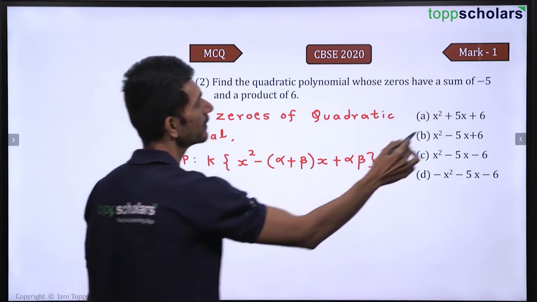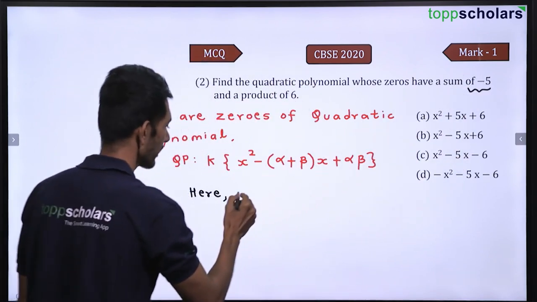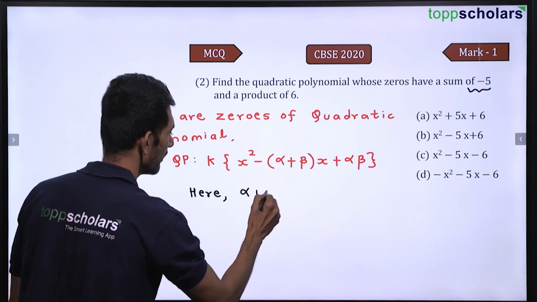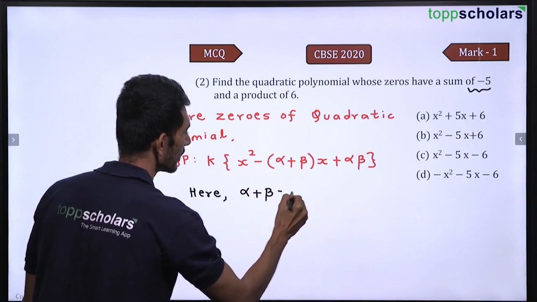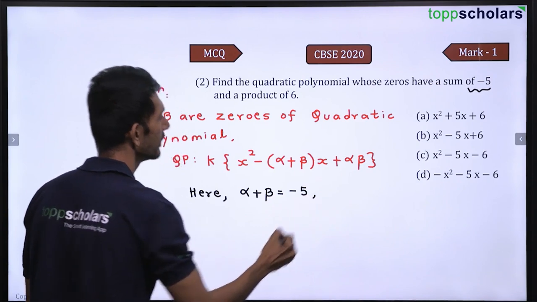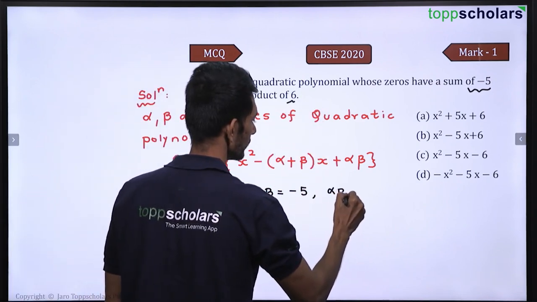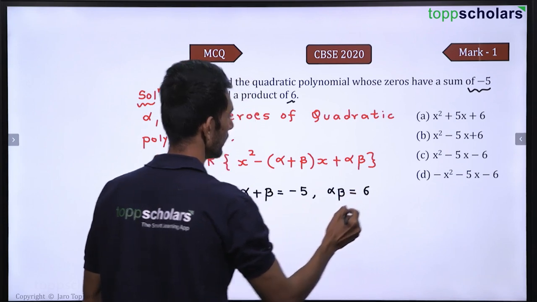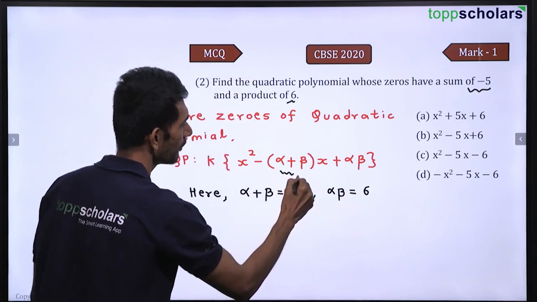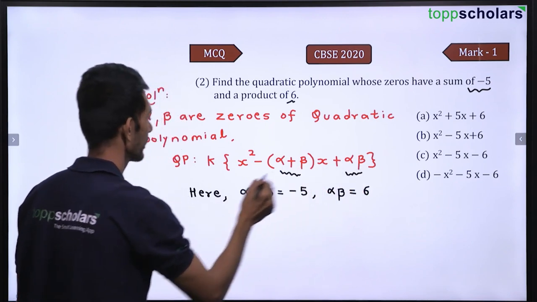Here we are already given, right? Here what do we have? The sum is minus 5. We are given alpha plus beta is equal to minus 5, and then alpha into beta, the product, is 6. So here we can put minus 5 and here we will put 6. So what do we get?